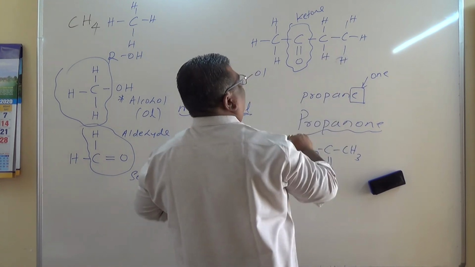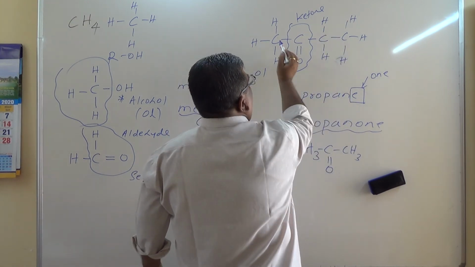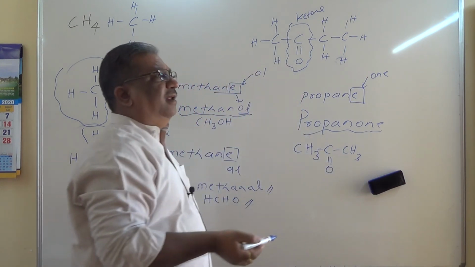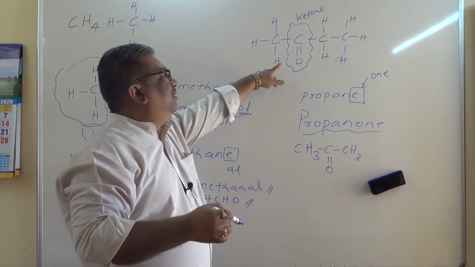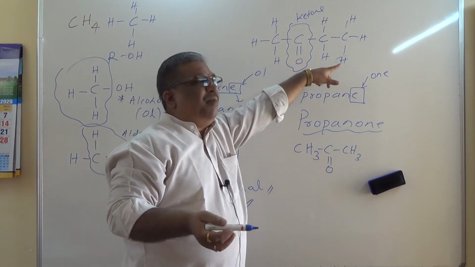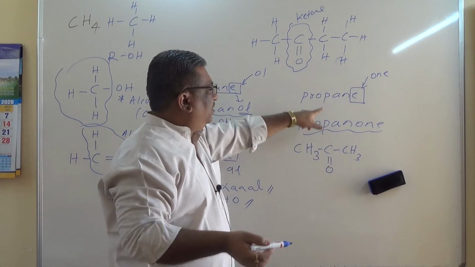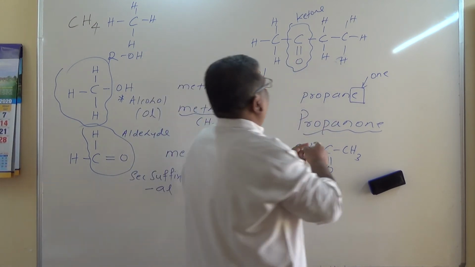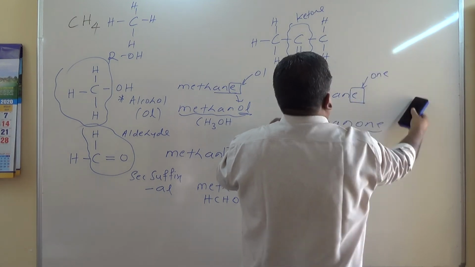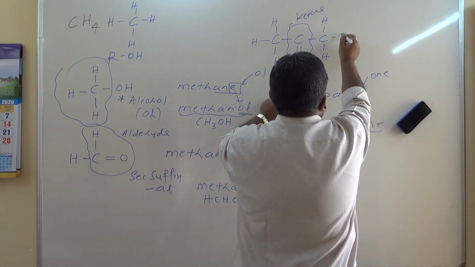How do you read this compound? In order to read this compound, 1, 2, 3, 4, this is but. Ane. E should be replaced with this group, ONE, butanone. The name of this compound is butanone. But for this propanone, I have to remove this one because only 3 carbon atoms are permitted in the parent chain. And therefore, I am replacing this with hydrogen here.